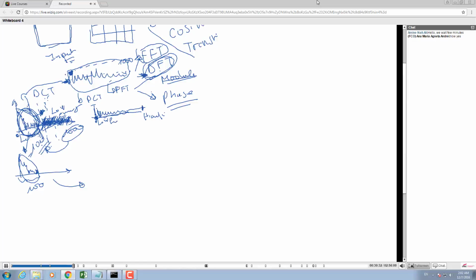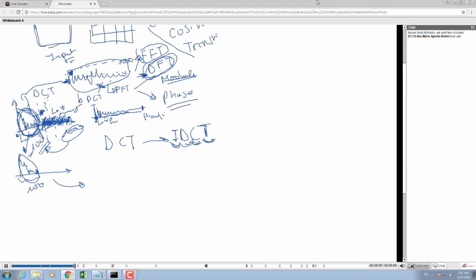Pardon? The reverse transform. What will be here? The reverse transform in our case. If you are using the DCT, the reverse transform should be IDCT. Inverse discrete cosine transform.